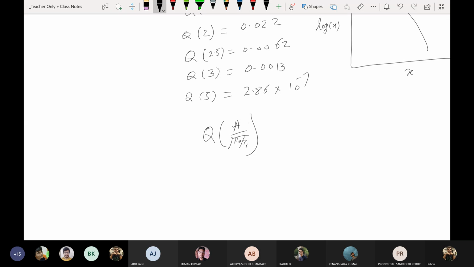So this is the importance of signal to noise ratio in digital communication, and obviously for a large enough SNR, you can have a vanishingly small probability of error.